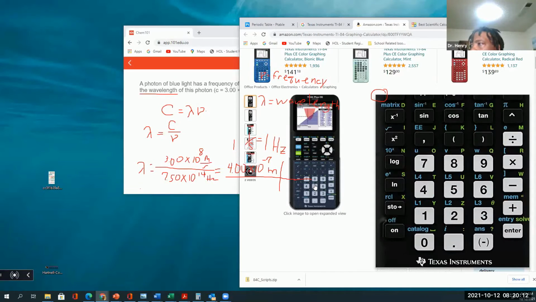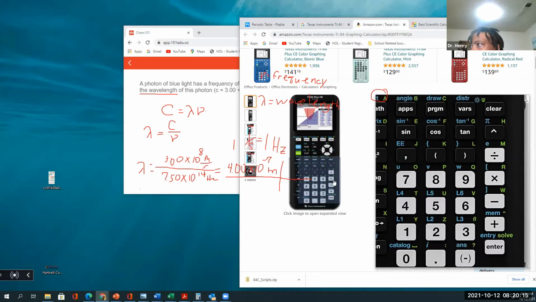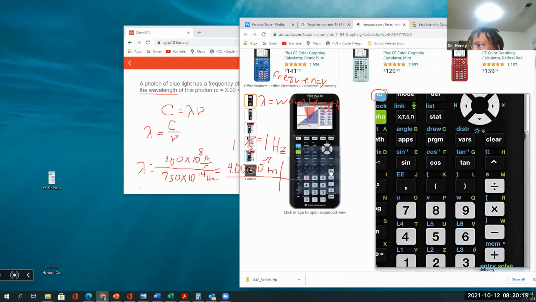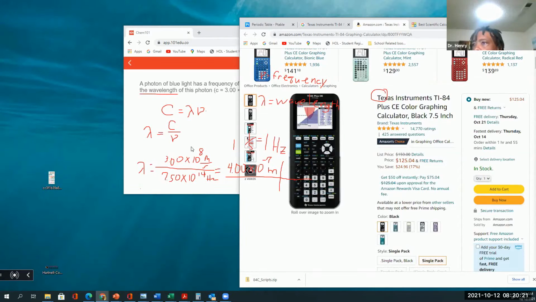So what you want to do is hit your second button, then the EE. When you type in your exponents, you're going to type in 3.00, and then hit second, then select the EE.